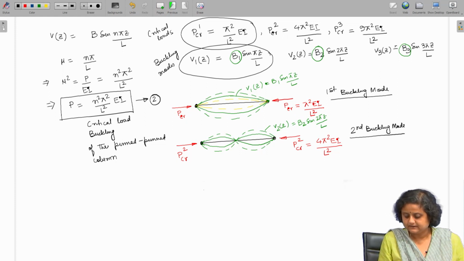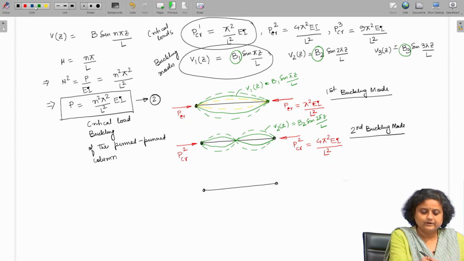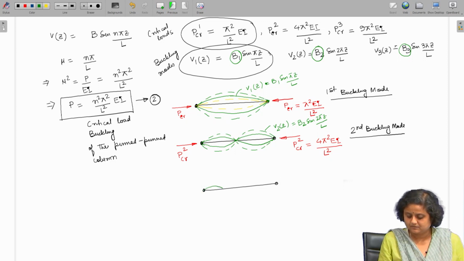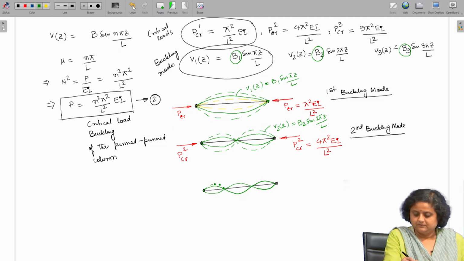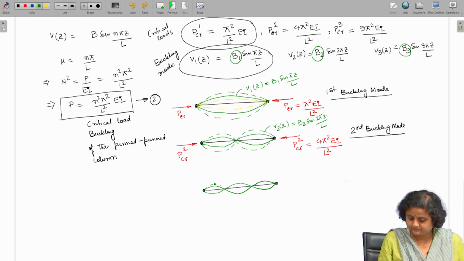Similarly, the third buckling mode is going to be like this, or like this, and so on.